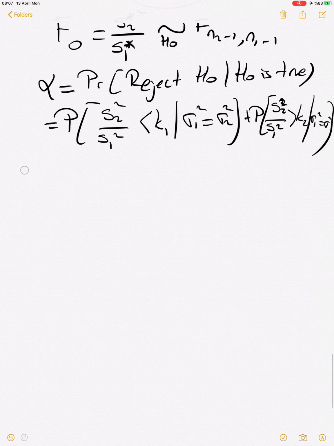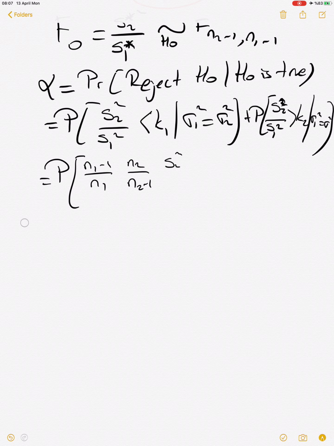Let's add the constants: (n1 minus 1) over (n2 minus 1).